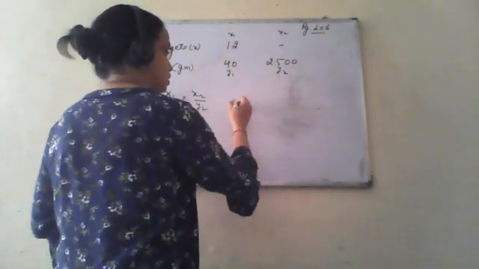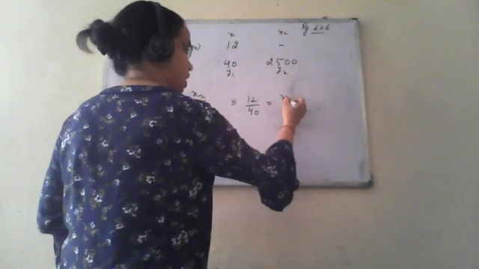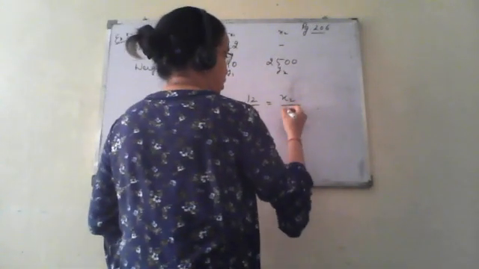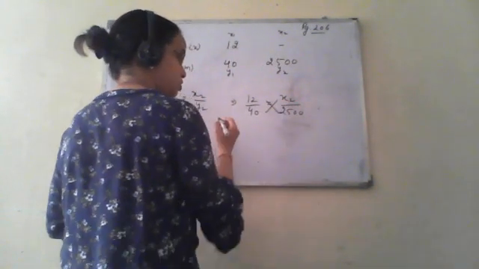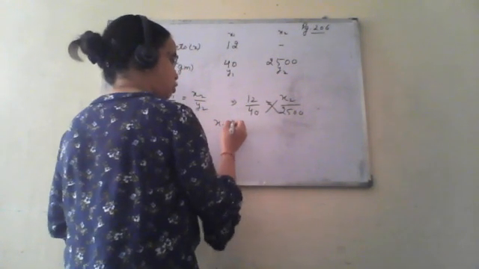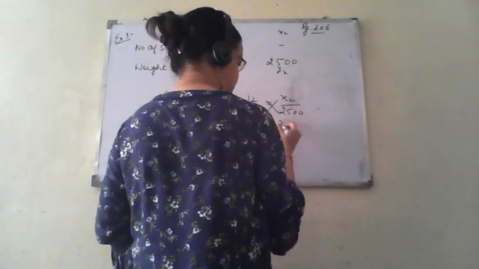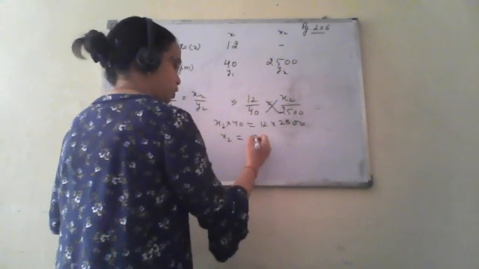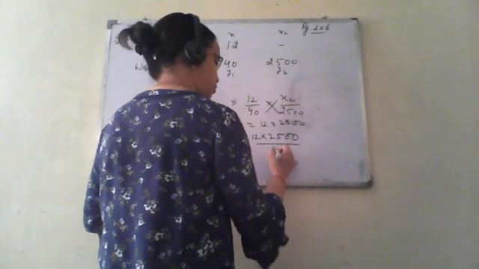That means 12 upon 40 equals x2, which we have to calculate, that is the number of sheets, upon 2500. By cross multiplication we have x2 into 40 equals 12 into 2500. The value of x2 will be 12 into 2500 upon 40.